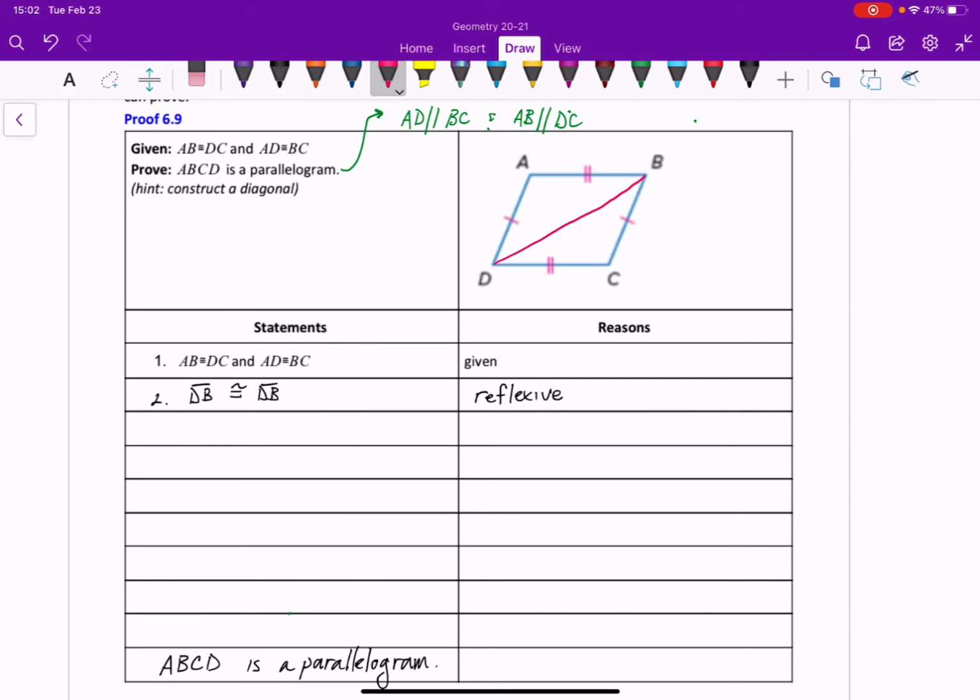Now I'll come up here and mark this as congruent with itself. And so now I can say that triangle ABD is congruent to triangle CDB, and that's by side, side, side.